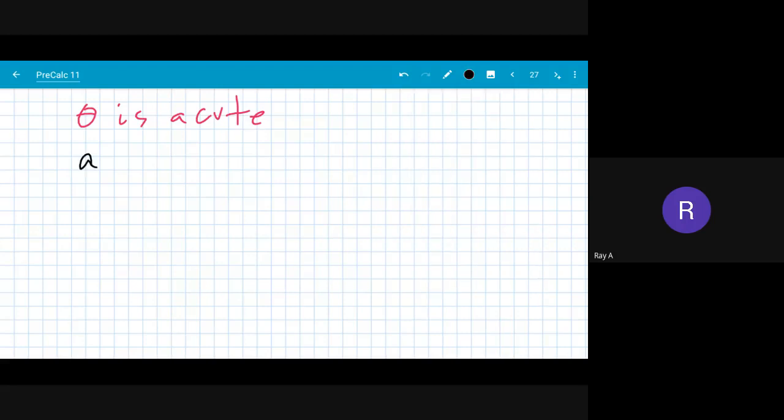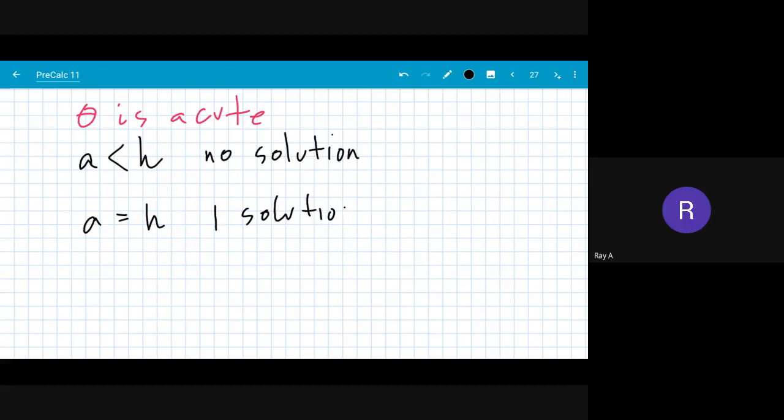If the side opposite the angle given, which is called A, is less than the height, what did we see? No triangle, no solution, all right? What did we see when A is equal to the height? There is one solution. In fact, it is a right triangle, okay? In what other instance did we see one solution?